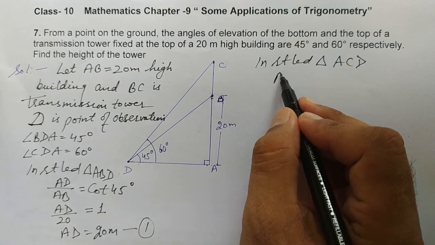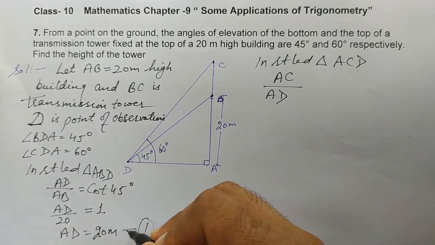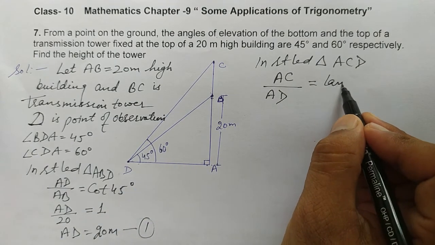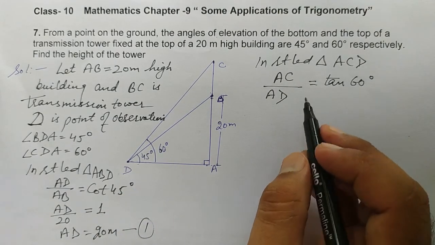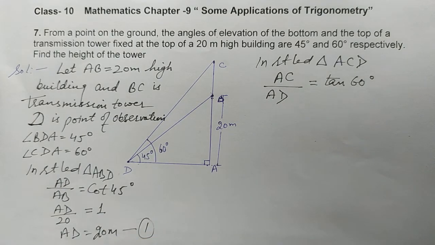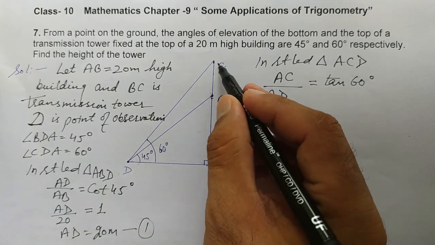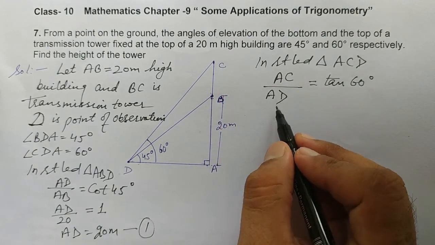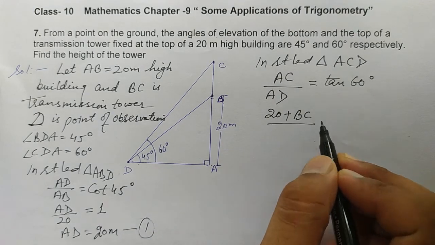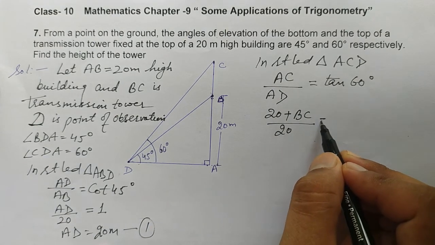So we'll write AC in the numerator over AD which is 20, equal to P over B, that is tan 60 degrees. Now AC I'll write as AB plus BC. AB is 20, so I can write AC as 20 plus BC over AD. AD is 20 here, equal to tan 60.